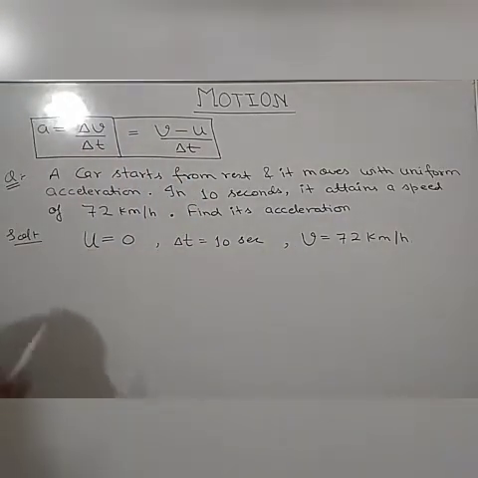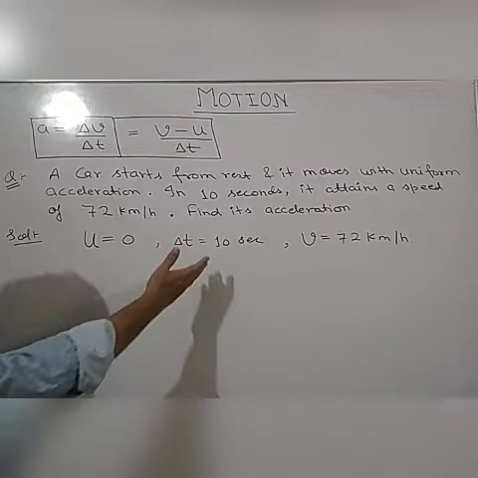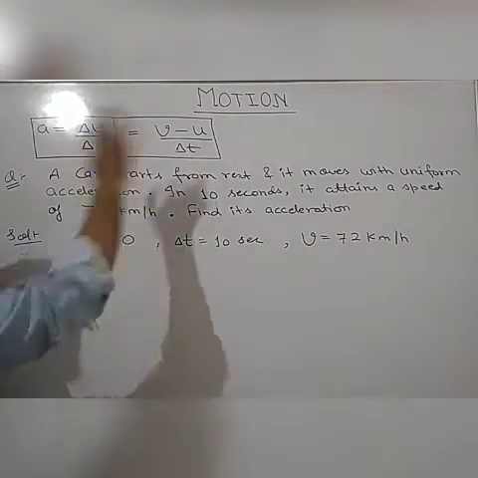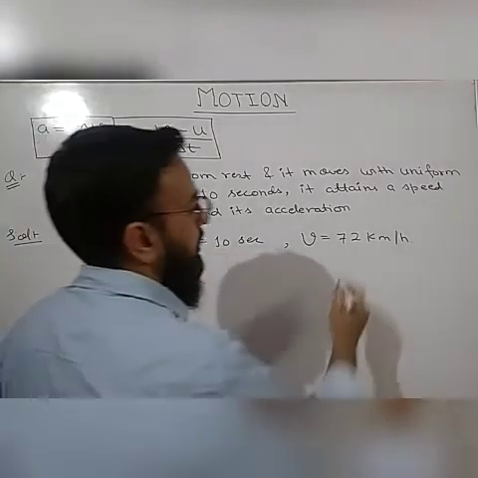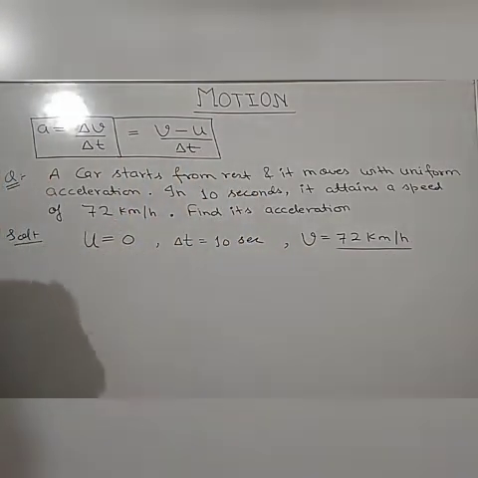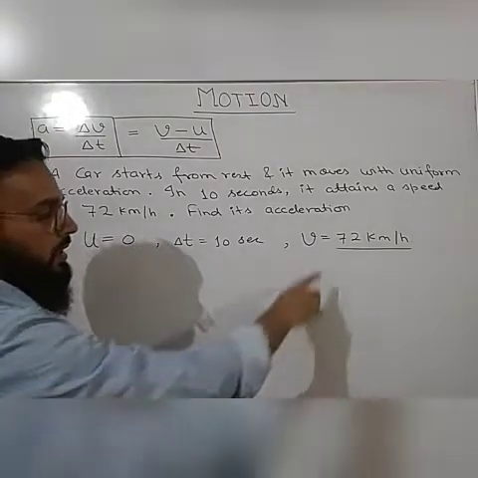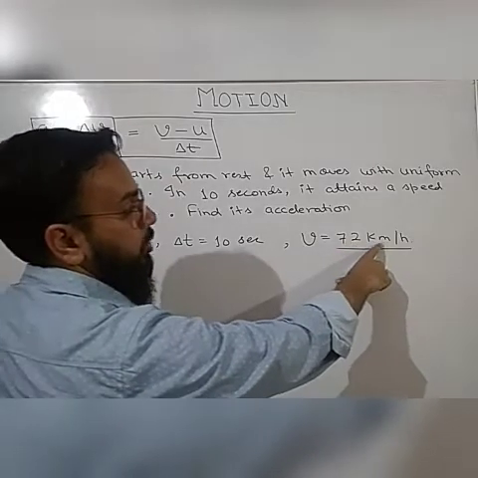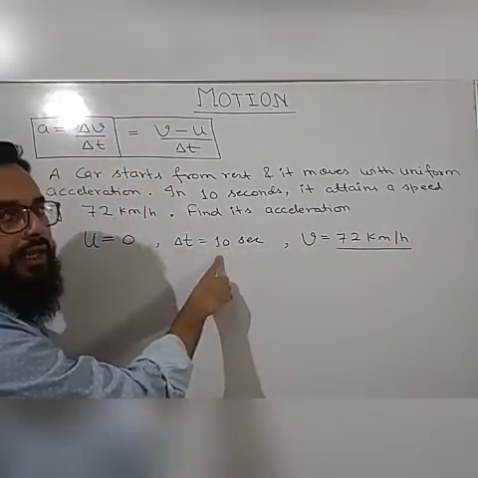So we have been given u, t and v, and we have to find the acceleration. We can put the values in the formula: a is equal to v minus u upon delta t. But the most important thing you have to remember always is that all the units should be in the same format. Here the unit of velocity is kilometer per hour, but the time is given in seconds.